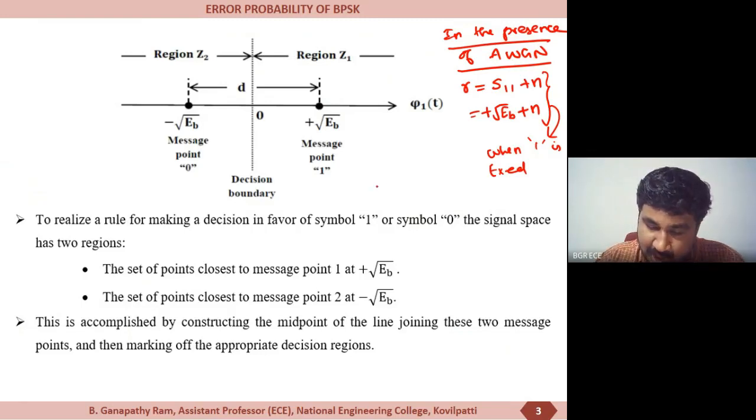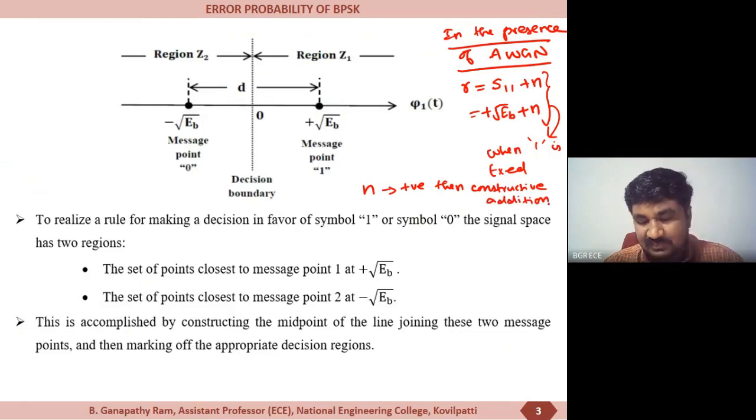If the noise N is positive, then constructive addition will happen. If the additive white Gaussian noise amplitude is negative, then destructive addition will happen.